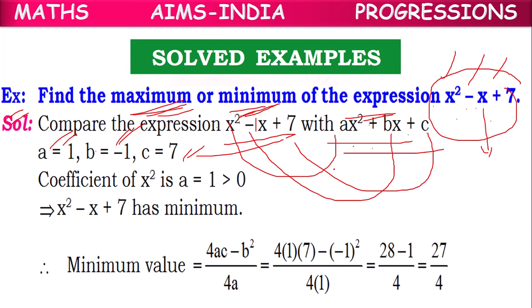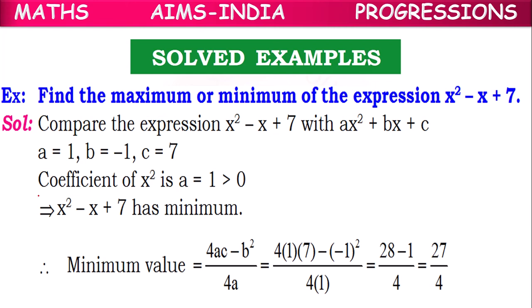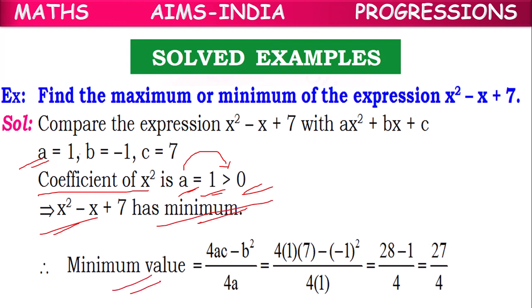So if we compare with the general form, we will get the a, b, c values, and the coefficient of x square, which is a, equals 1, greater than 0. If a value is greater than 0, then the expression will have a minimum value, and that minimum value is given by the formula 4ac minus b square by 4a.